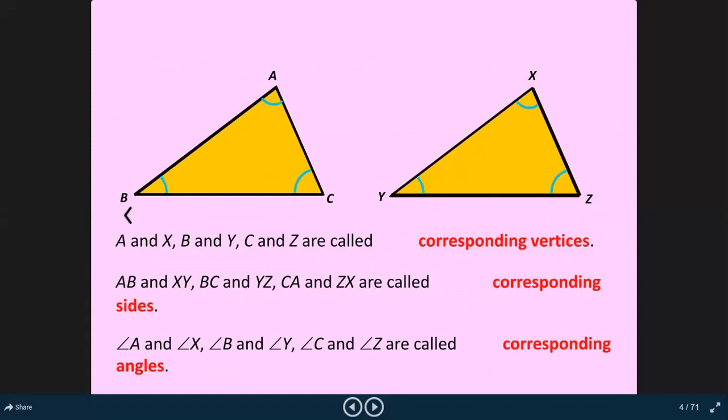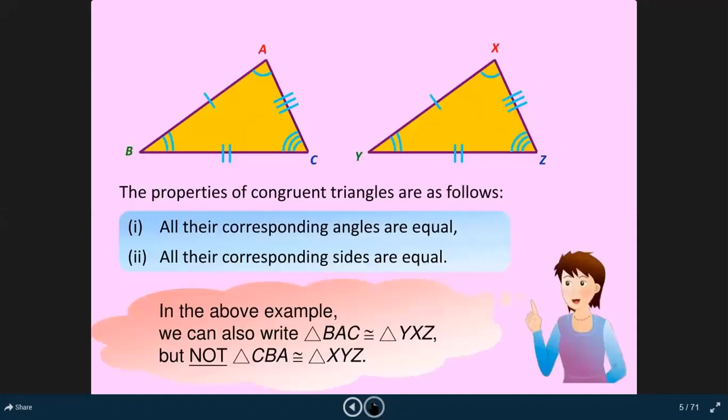The sides AB with XY, AC with XZ, BC with YZ are called corresponding sides. But if we put the angle sign, angle A with angle X, angle B with angle Y, angle C with angle Z, they will be corresponding angles.